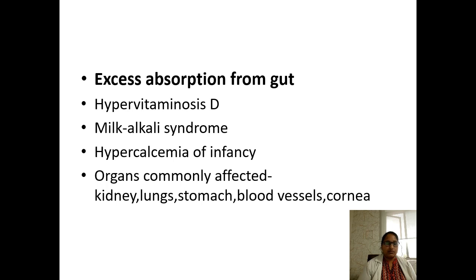The common tissues involved in metastatic calcification are kidneys, lungs, stomach, blood vessels, and cornea. Whereas in dystrophic calcification, dead and degenerating tissues are more commonly affected, in metastatic calcification, normal tissues are affected.